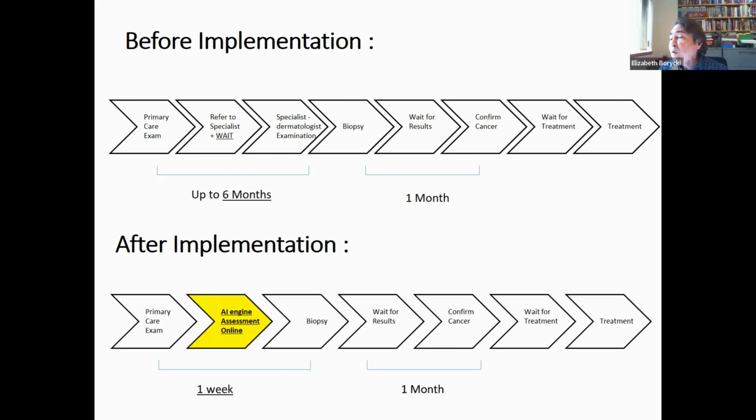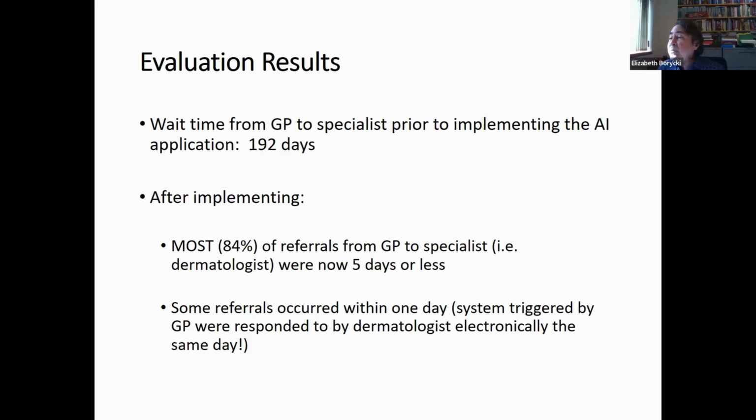It's a bit hard to say whether it was the AI, the teledermatology, or the combination, but it greatly reduced the wait times from the GP to the specialist from an average of 192 days to about 5 days or less for most cases. And some referrals occurred within the day because it was a lot simpler.